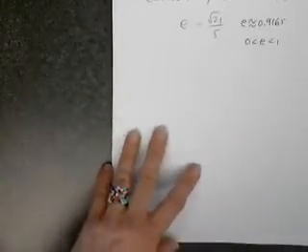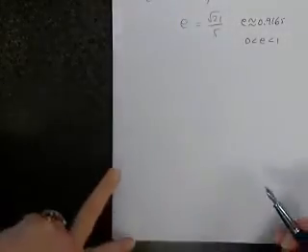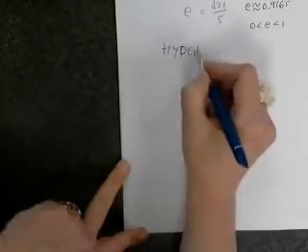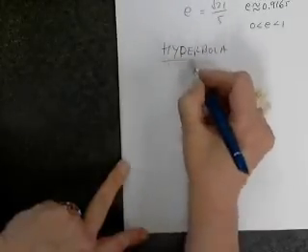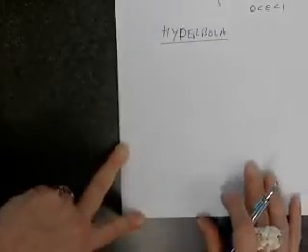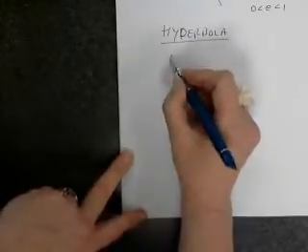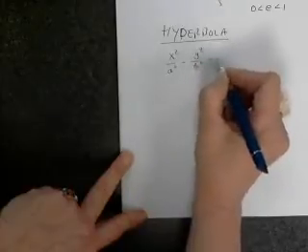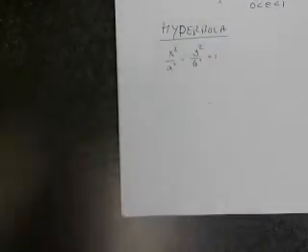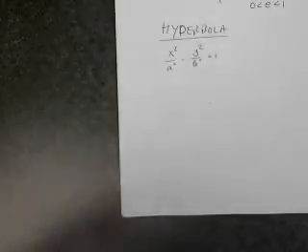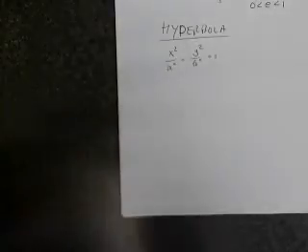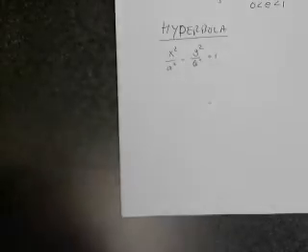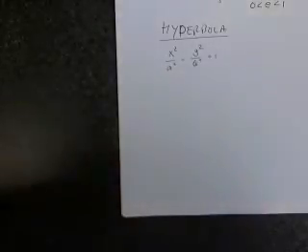Last thing. Hyperbola. Hyperbola, I would say, is one of the most sophisticated conic sections. These are all non-functions, all conic sections: the circle, the parabola opening left and right, the ellipse, and the hyperbola.